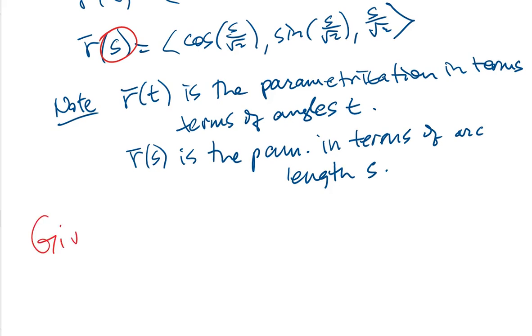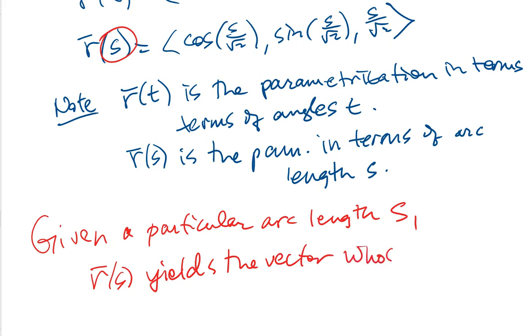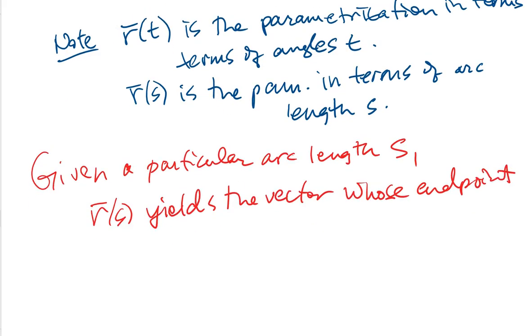So given a particular arc length s, R of s yields the vector whose endpoint corresponds to that length along the curve.